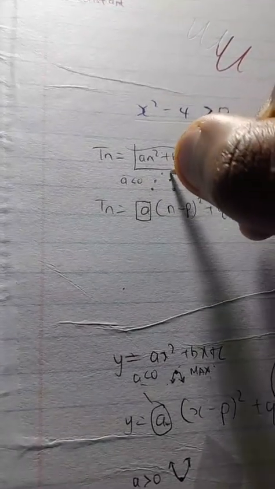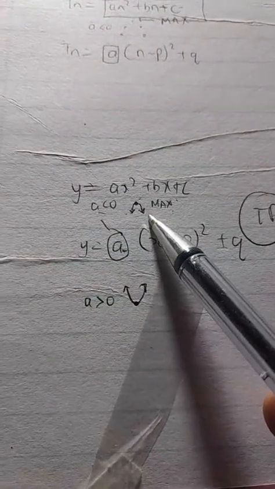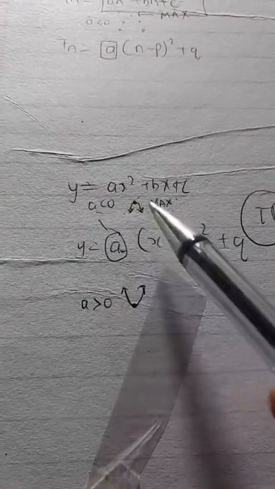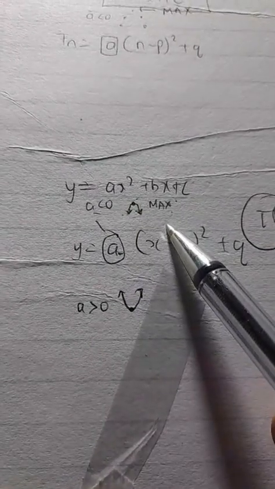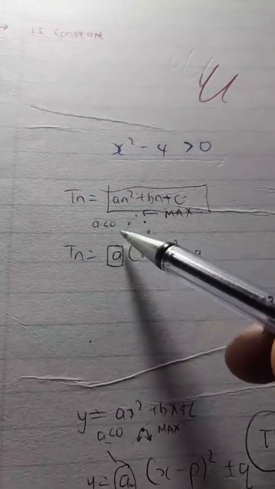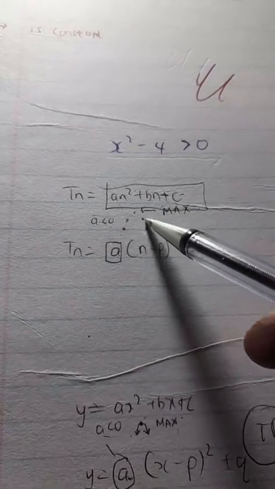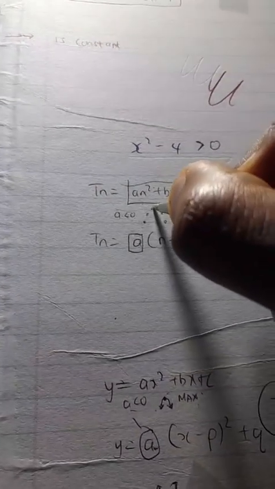So if a is less than 0, we have what we refer to as a maximum, because it mimics the same shape that a quadratic function has when a is less than 0. Does that make sense? That's why we say that when a is less than 0, it has a maximum.